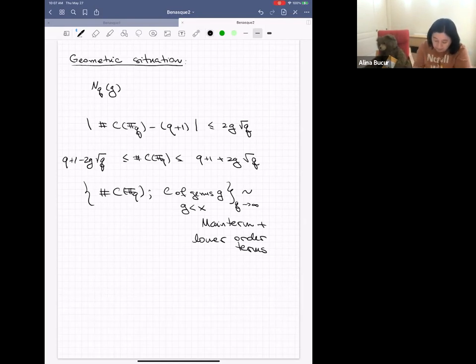This is a question that we know very little about, but one situation that we can take some inspiration from is the idea of moments of L-functions. So what do I mean by that?